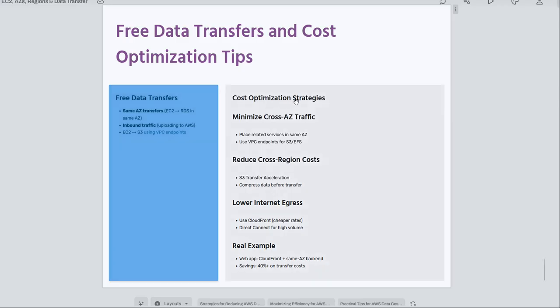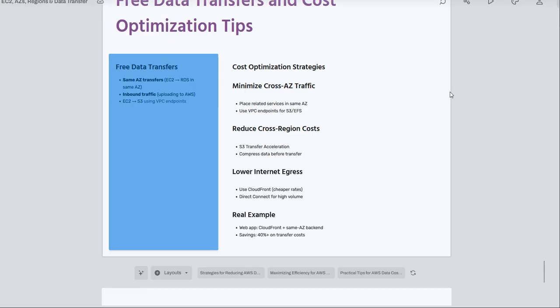This is what you have to think about for cost optimization strategies. Minimize cross availability zone traffic. Place related services in the same availability zone. Use VPC endpoints in scenarios with S3 buckets and Elastic File System, network file system.